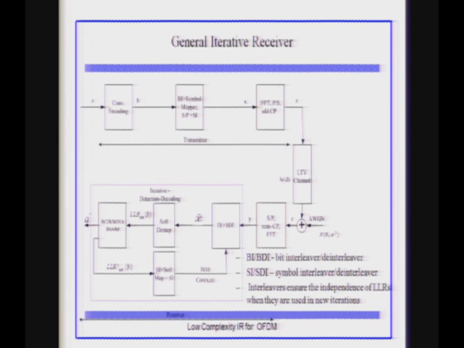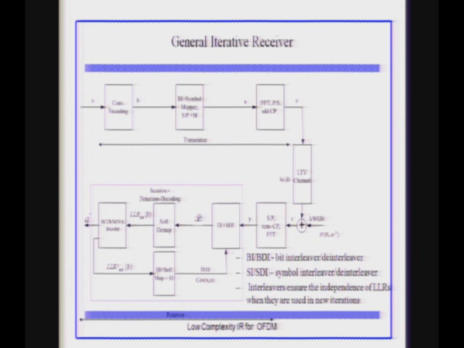Before we get into the details of our algorithm, let's look at the general structure of the iterative receiver. We have the information bits that are convolutionally encoded. Could be other encoding schemes as well.